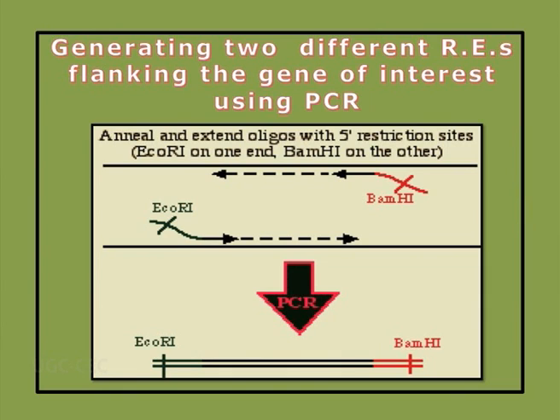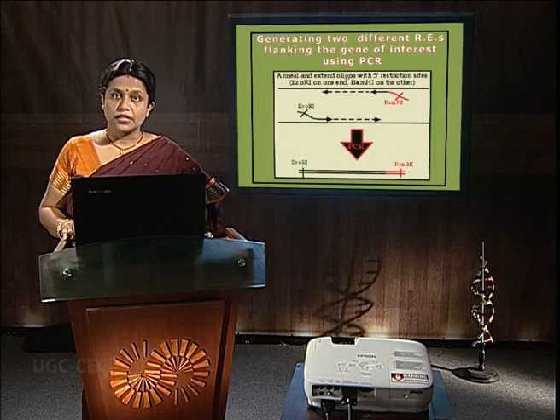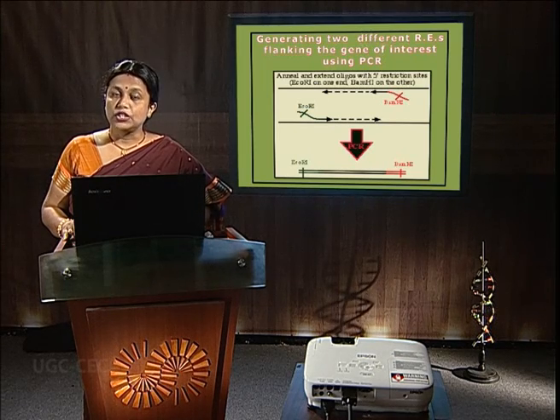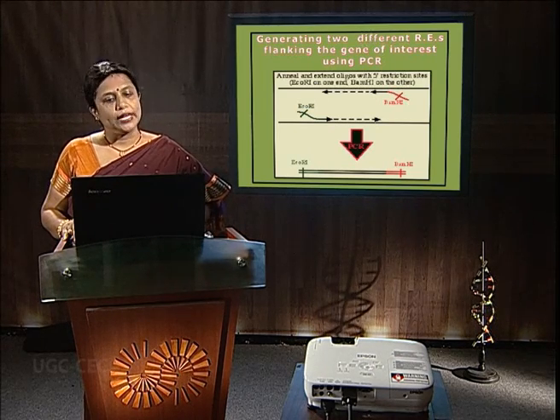During the PCR amplification, these BamHI or EcoRI sites can be introduced in the flanking ends of the insert DNA. In this way, we can introduce two different restriction endonuclease sites on the two ends of the gene of our interest, which is really necessary to carry out directional cloning.